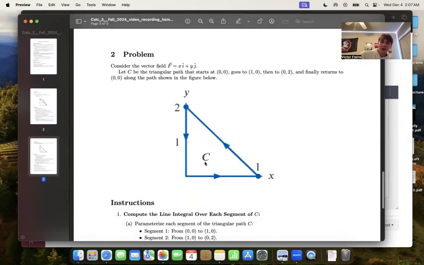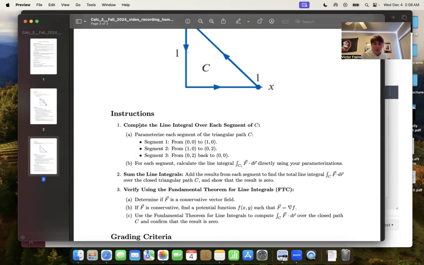All right, so now we've got problem number 2. We want to consider the same vector field, f equals xi plus yj, and let C be the triangular path that starts at (0, 0), goes to (1, 0), then to (0, 2), and finally returns to (0, 0) along this triangular path.